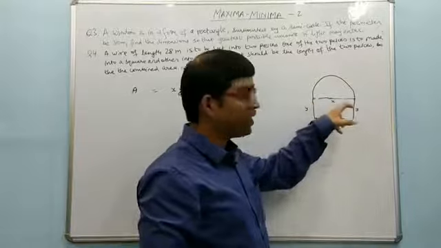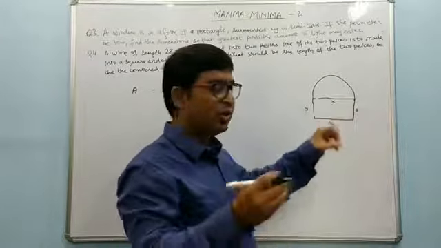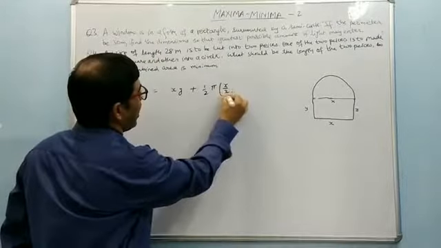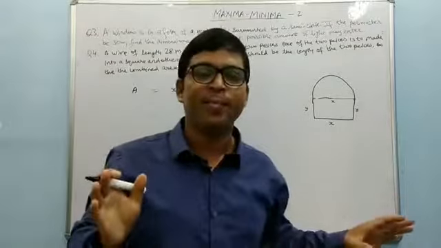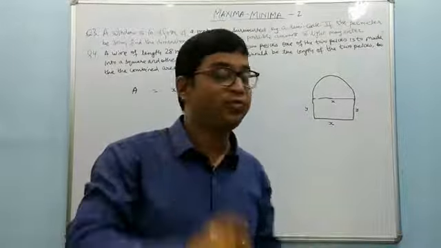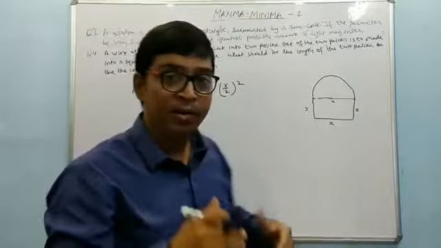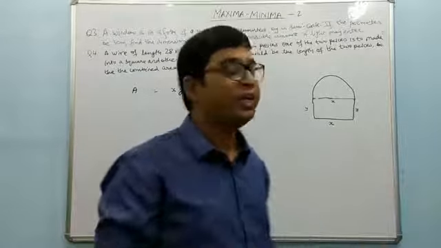R is here x by 2. See from the figure. Because diameter is x, so radius is x by 2. That means x by 2 square. So the first step is over. Always write the first step whose maxima or minima to be dealt with. So I wrote it. Now I have to get rid of extra variable. How can I get? With the help of the given figure or the given conditions.